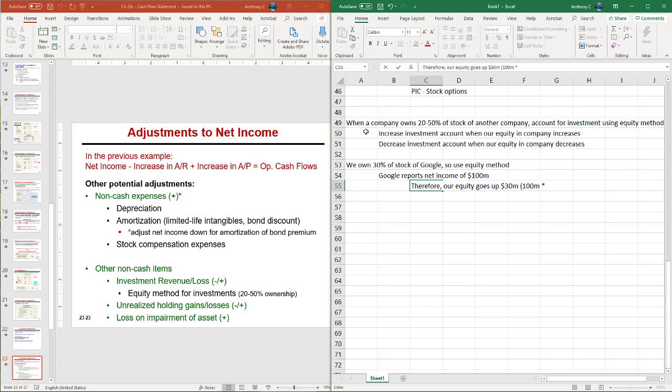And that's just 100 million times the 30%. Right, since our equity went up by 30 million, that means we'll end up increasing our investment account by 30 million. Right, and our credit here will just be to investment revenue.